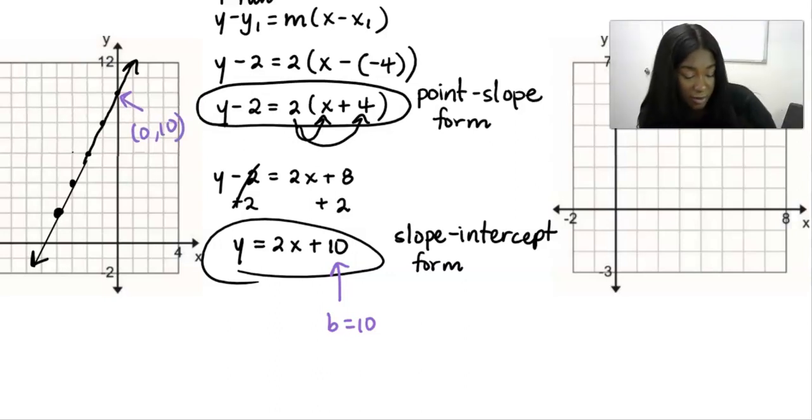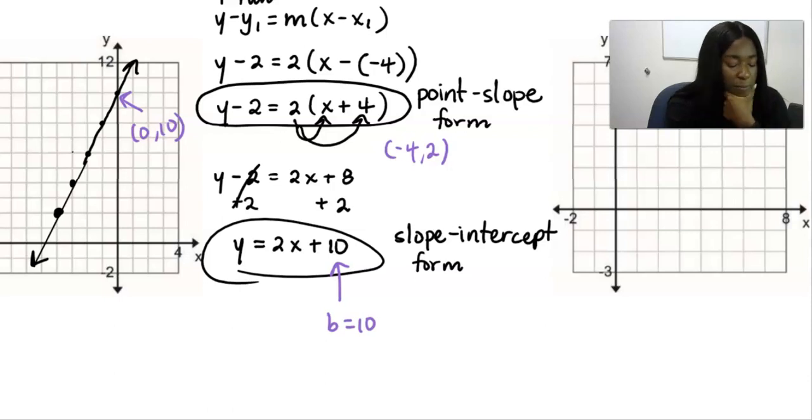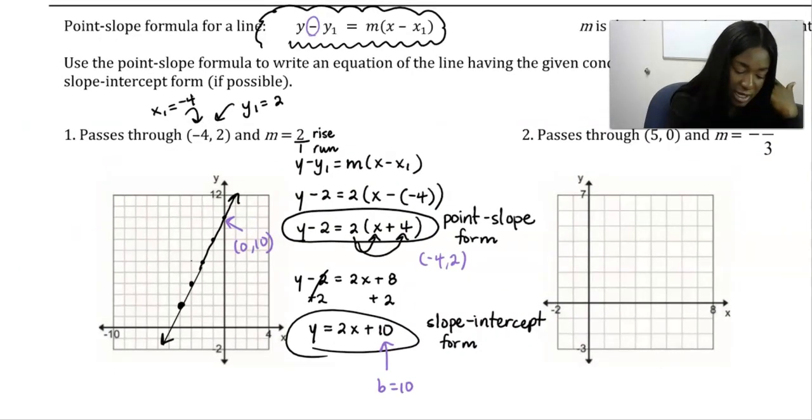We do have a y-intercept at (0, 10). In point slope form, you can very quickly see that the point (-4, 2) is on the line. When you're picking off a point from point slope form, you have to change your signs because this form has these minus signs already built into it. So (-4, 2) is the point on that line.